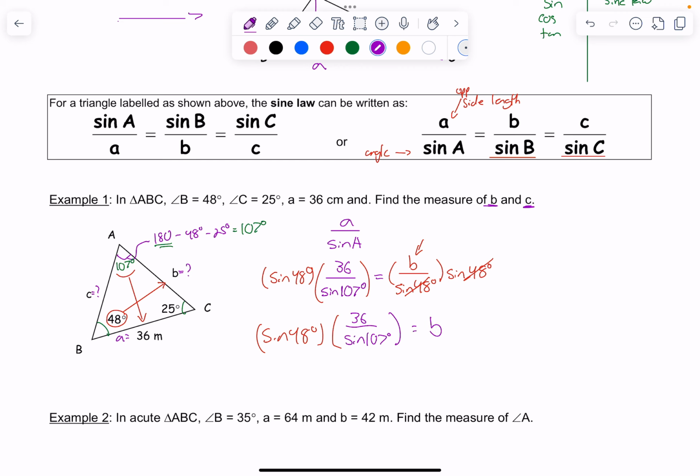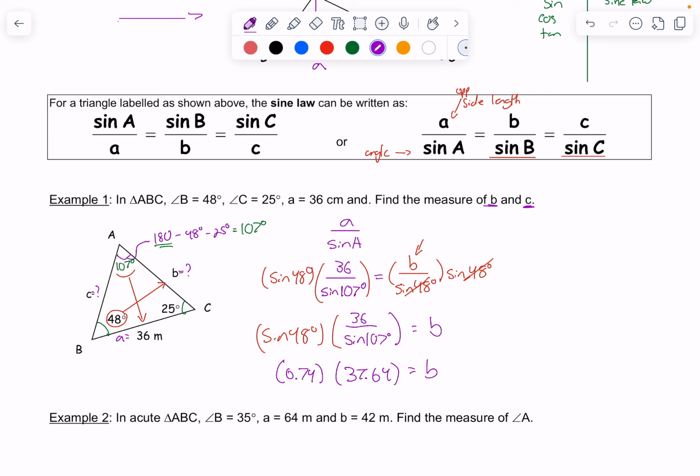So we'll do that in steps. 36 divided by sine 107, this bracket right here, becomes 37.64. And then sine 48, this bracket here, becomes 0.74.